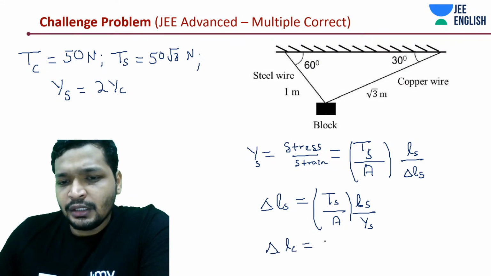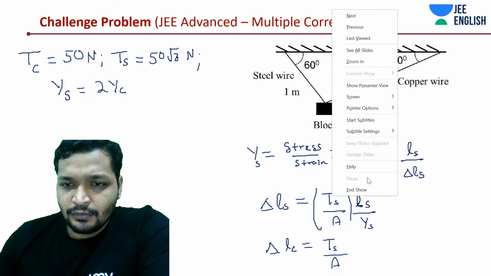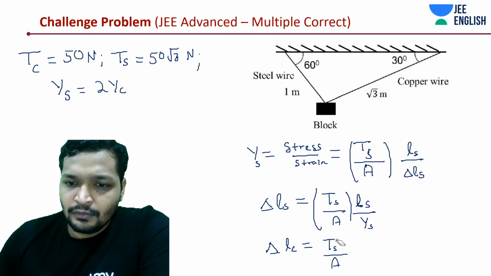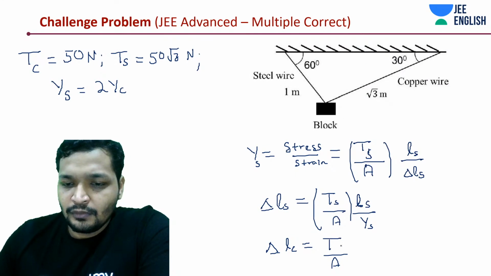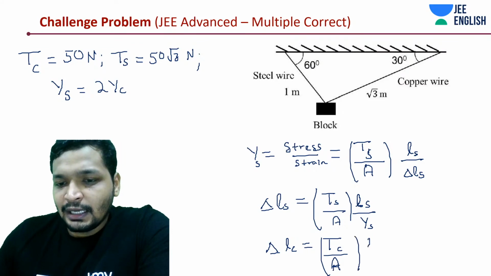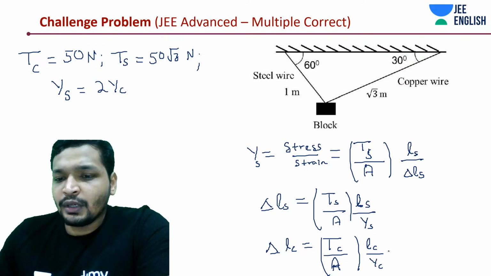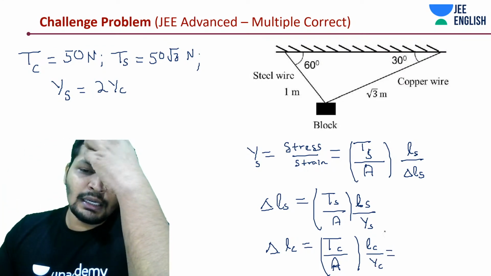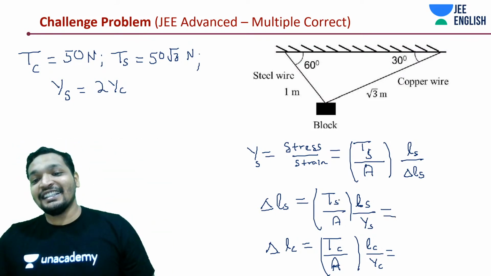So that could be TS by A, TC by A, and this is how much? Again, LC by YC. Could have substituted here and simply come up with the answer rather than doing the entire thing.